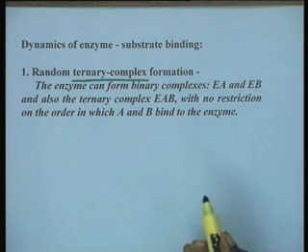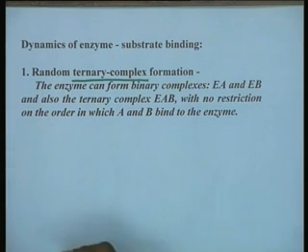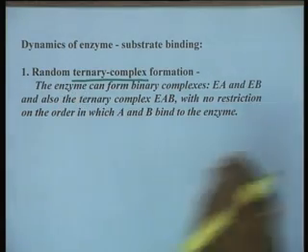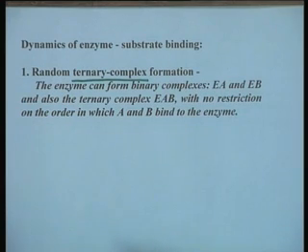It can start by binding first with A and then B will hook on to that, or it can start with EB and then A will hook on to that. In other words, just like in the case of non-competitive inhibition, A and B both have separate binding sites on the enzyme molecule, and therefore they do not interfere with each other, and randomly they can bind. Once the ternary complex formation has taken place, the product formation will begin.